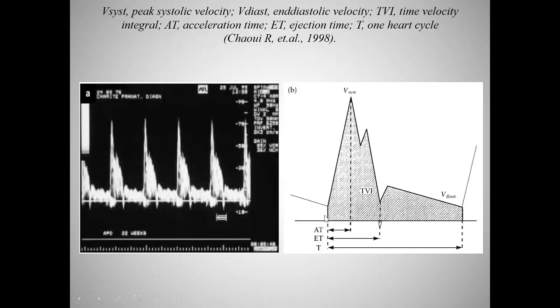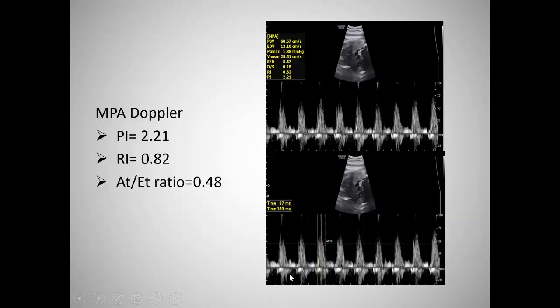And then we have also the acceleration time and the ejection time. These are the parameters that we use to measure in the main pulmonary artery Doppler.